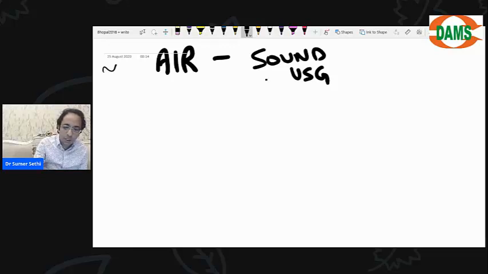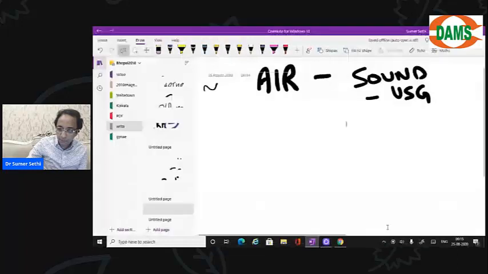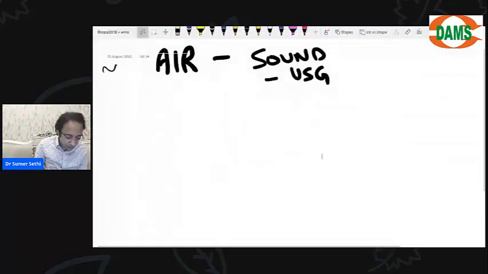Whenever we are doing ultrasound and the sound beam strikes the air, will it reflect the sound or will it transmit? बोलिए. Will it reflect or will it transmit? Anybody? Okay, regular batch students, please tell me.